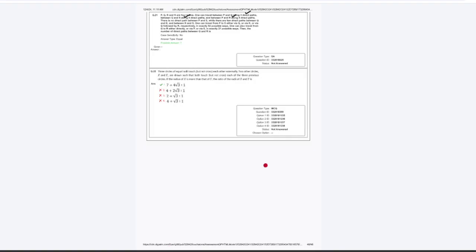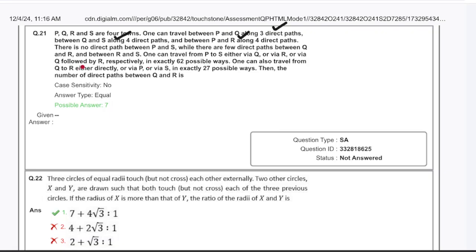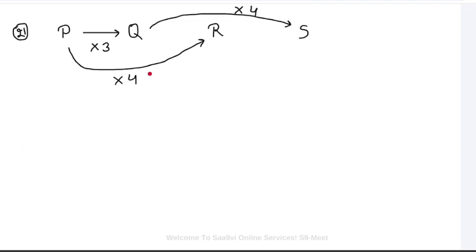Then further they say there's no direct path between P and S. So from P to S, you can't go. There is no direct path from P to S, so we can't go on this route. This is not possible.